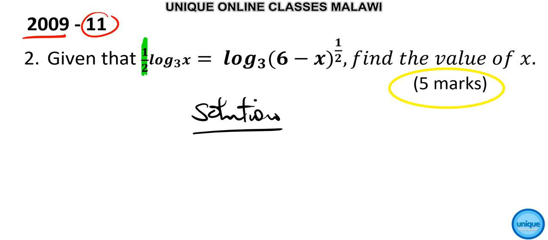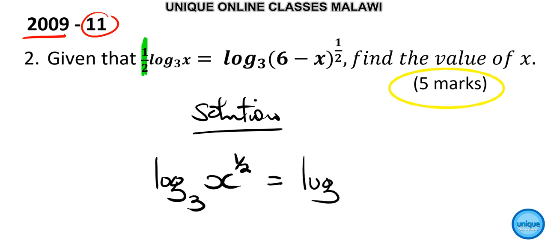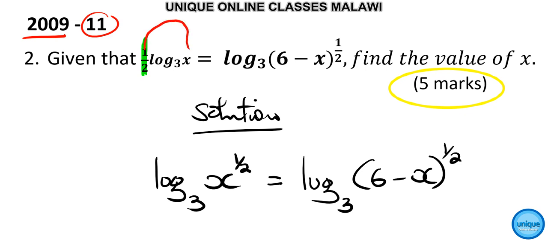So we're going to write log of x raised to the power half, base 3, is equal to log of 6 minus x raised to the power half, and we have base 3 there. We have moved this half up, so that's our half there.